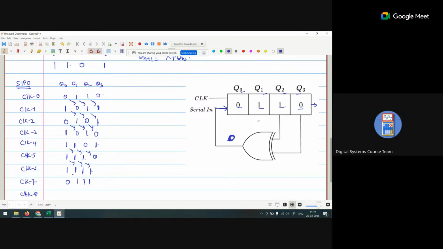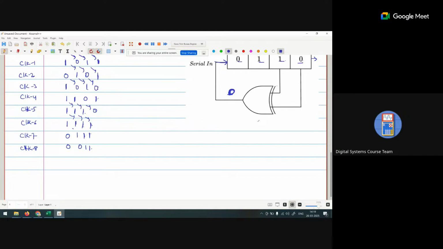Clock 7, 1, 1 XORing is 0, and next data will be shifted. Clock 8, 1, 1 XORing is 0, so 0, and next data will be shifted. Clock 9, 1, 1 XORing is 0, and next data will be shifted. Clock 10, 1, 0 is 1, and next data will be shifted.